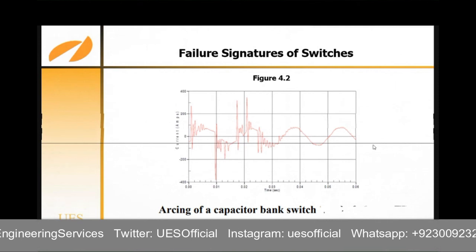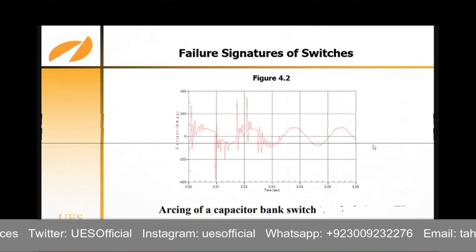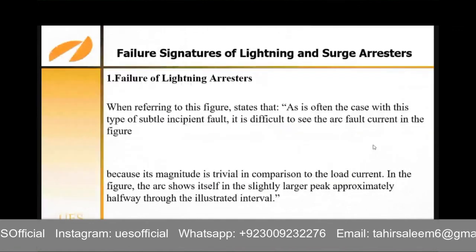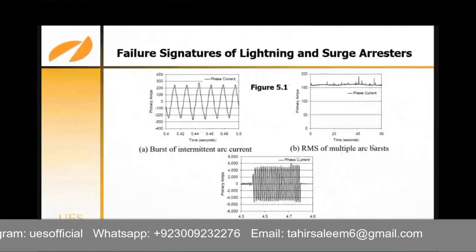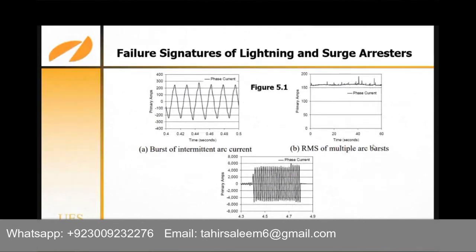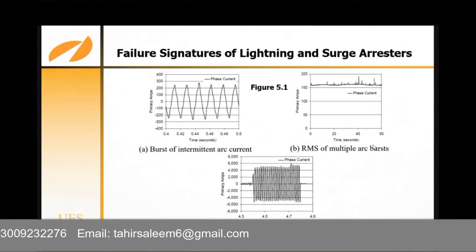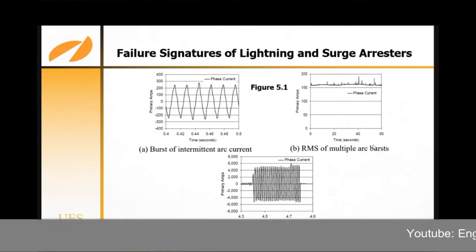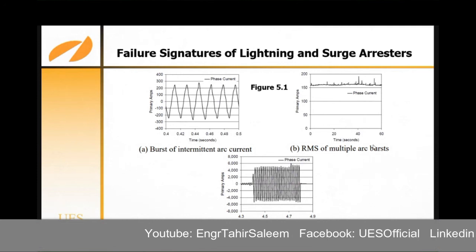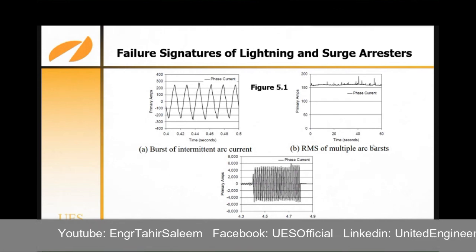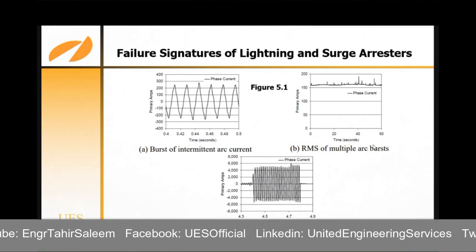Now, failure of lightning and surge arresters. As we know, surge arresters and lightning arresters play a very important role in surge diversion and the protection of the substation at the first hand, because the substation starts from the surge and lightning arresters and isolators. A high voltage can cause the substation equipment to fail or have a very high impact, and for that we install lightning and surge arresters to protect this equipment.